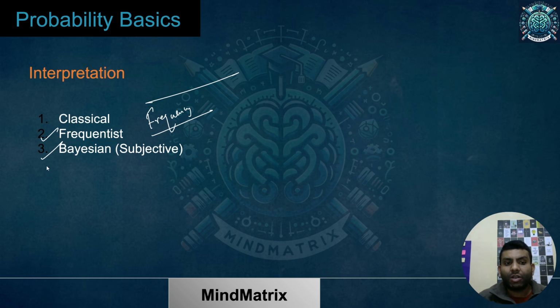What is the Bayesian or subjective approach? It always talks about having some prior knowledge for determining the probability. For example, let's suppose I am the one telling the probability of one of my friends getting married.